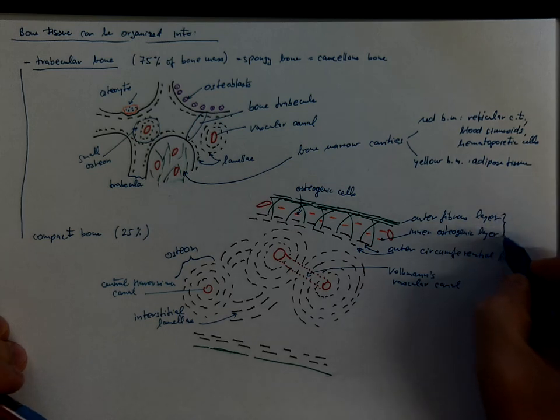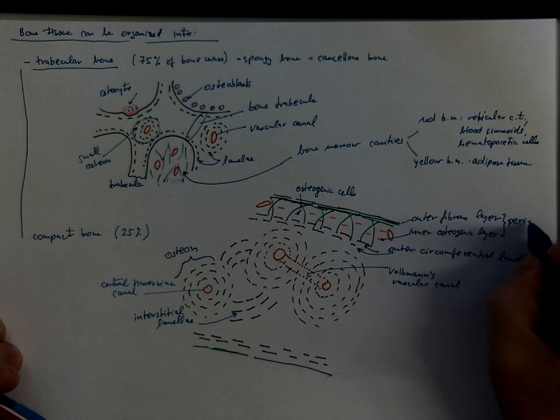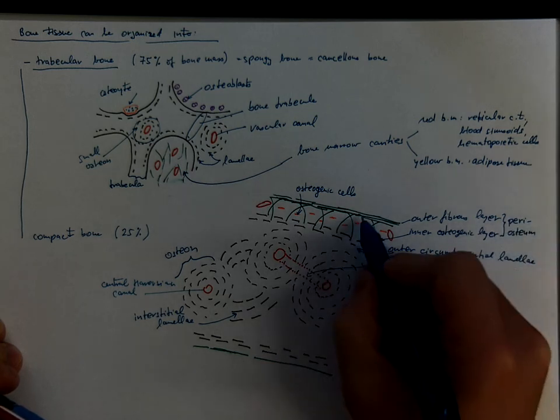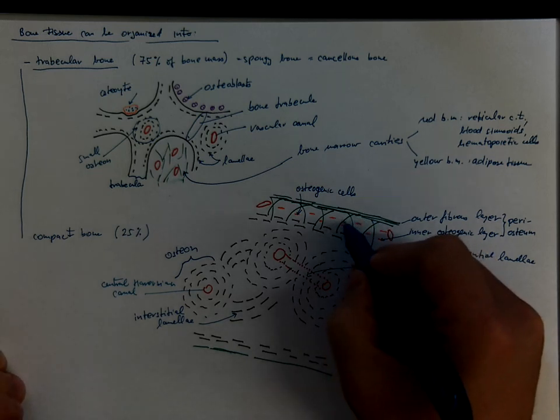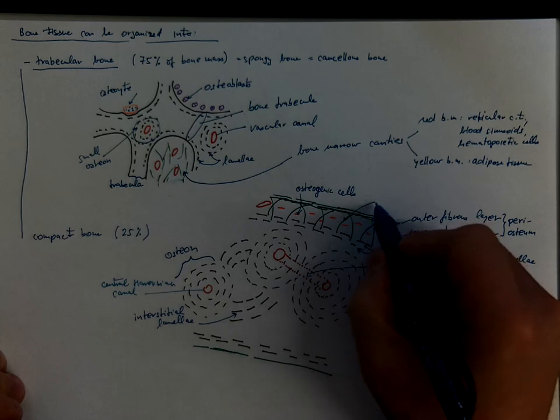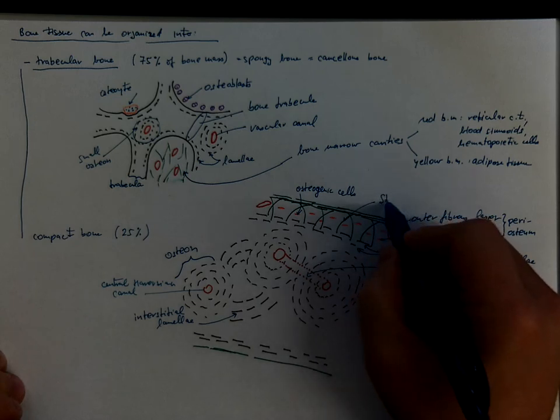Together, these two layers form the periosteum. And the outer fibrous layer projects into the cortical bone with thick collagen fibers.